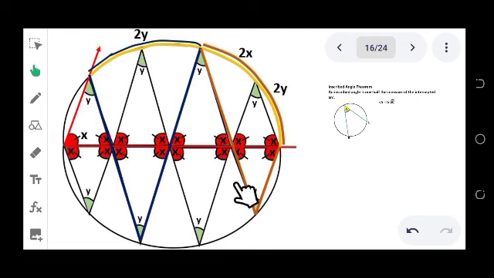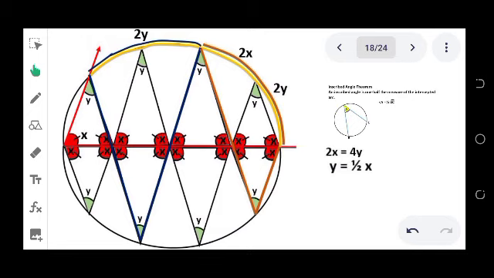Since each of the angles measures y, then the arcs that they intercept each measure 2y. Now from this figure, you can see that the yellow arc, which measures 2x, is composed of two smaller arcs measuring 2y. Algebraically, we can represent it as 2x equals 4y. Or if we simplify it, y is equal to 1/2 of x.